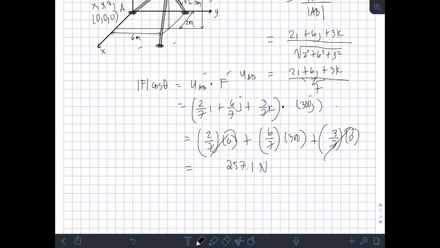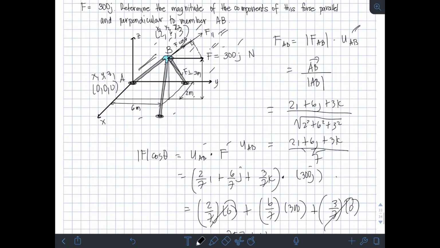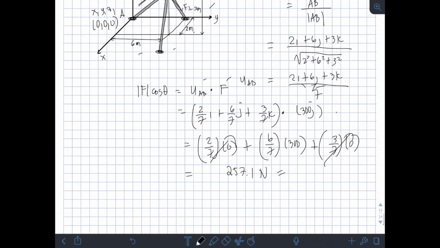Okay? So now, this is our first answer. The component of F parallel to member AB has a magnitude of 257.1 Newton.